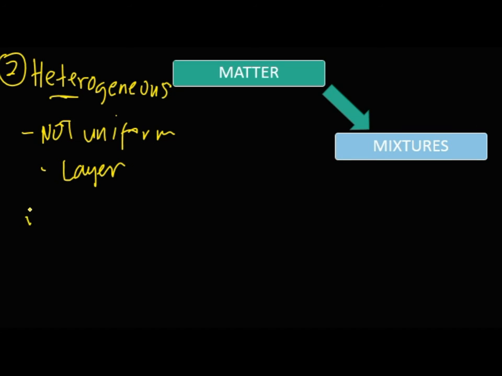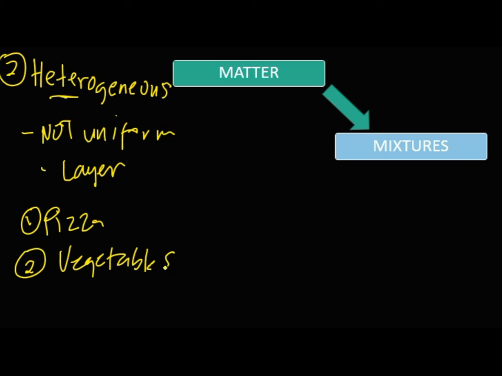Example of heterogeneous mixture: pizza. You can see the pepperoni, or you can distinguish pepperoni from the bell pepper, or from the other meat ingredients of the pizza. The second one, vegetable soup. You can see the different vegetables placed in the soup.